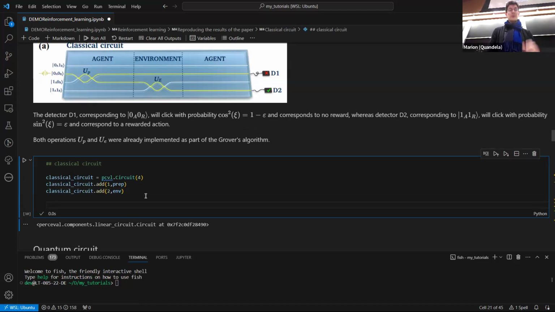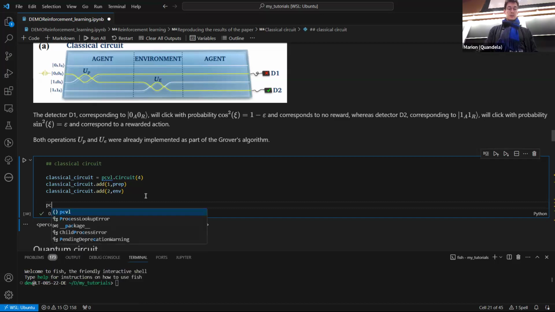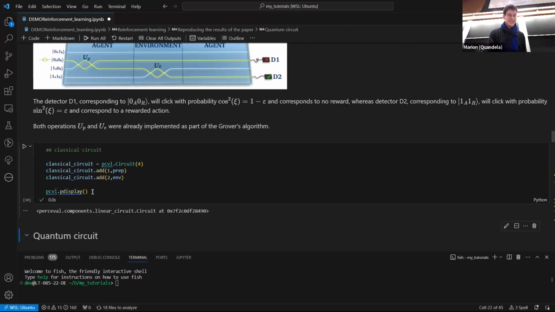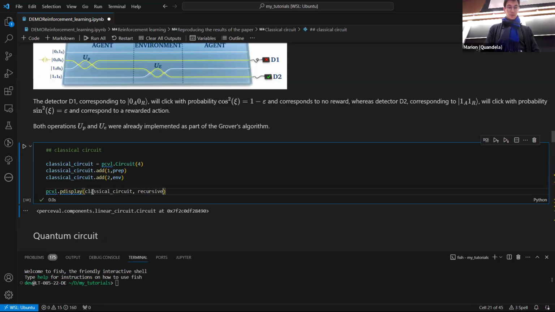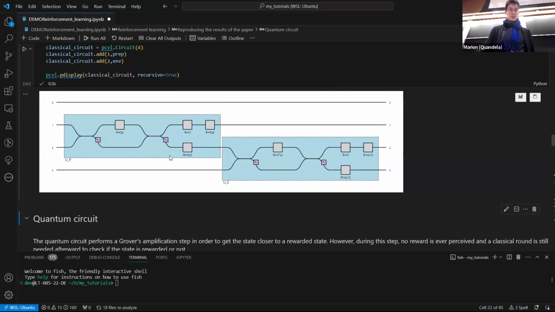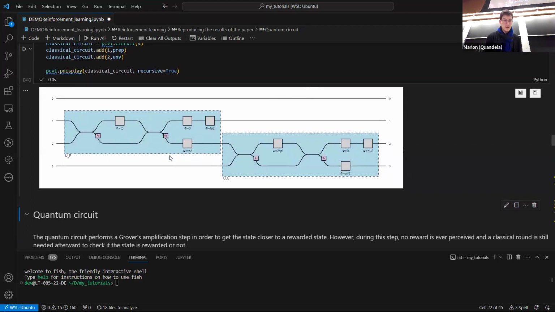If you want to display what you're doing in Perceval, we have something called P-display, or pretty display. I just learned it today, actually. Marion told me that it was for pretty display. I thought it was for Perceval display somehow. I'm going to display the circuit and show you the elements within the circuit with recursive equal true.